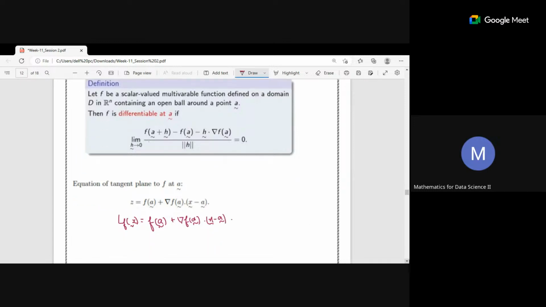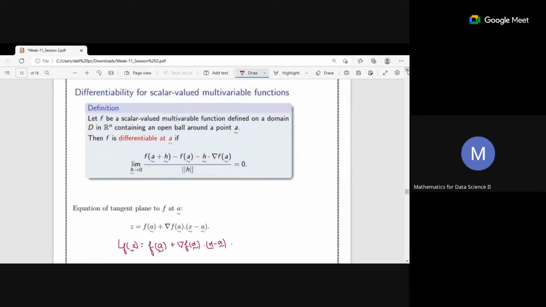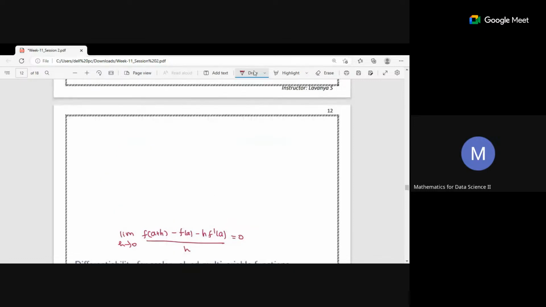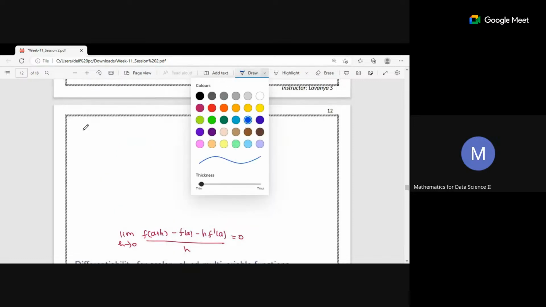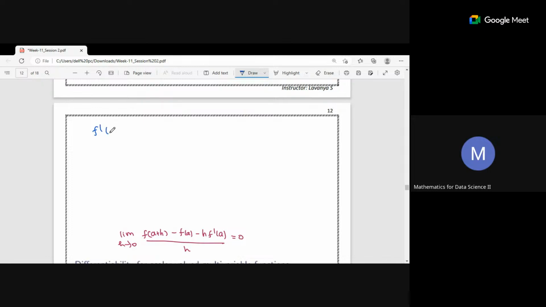Now, do you also remember that there is an equivalent definition for the derivative of a function, that you can define f'(a) as the limit as x goes to a of (f(x) - f(a)) / (x - a).